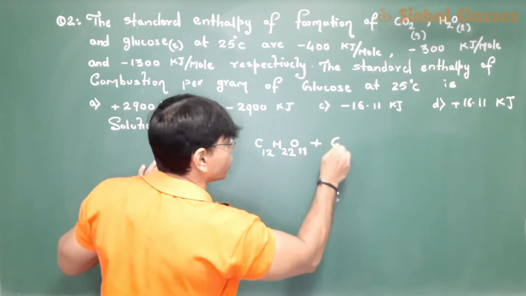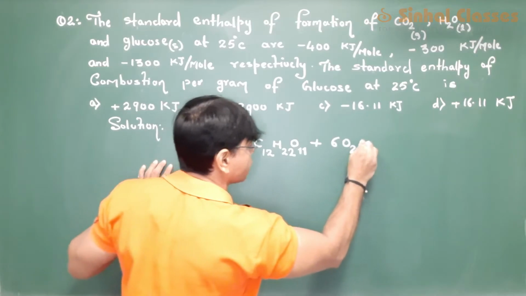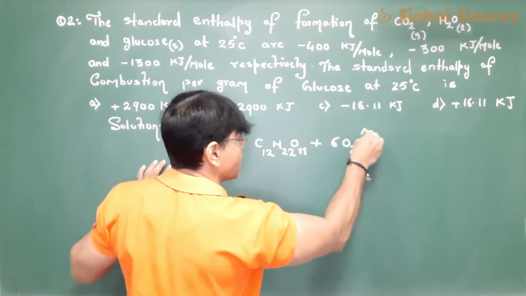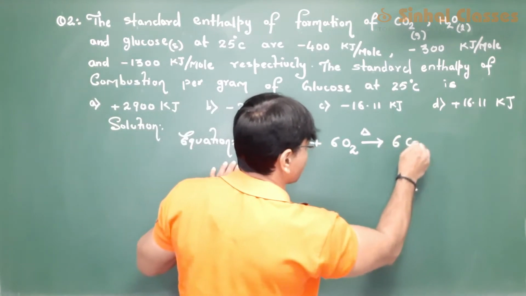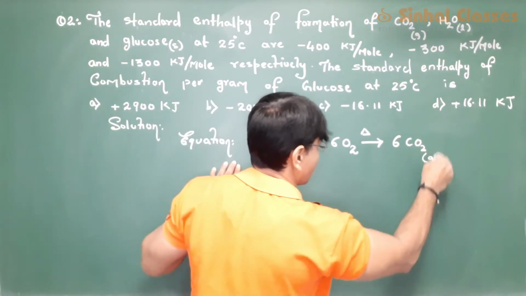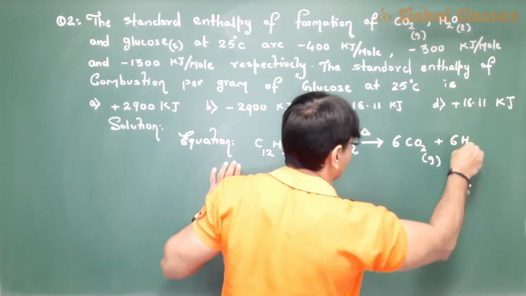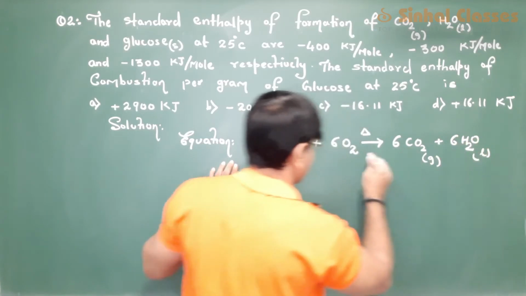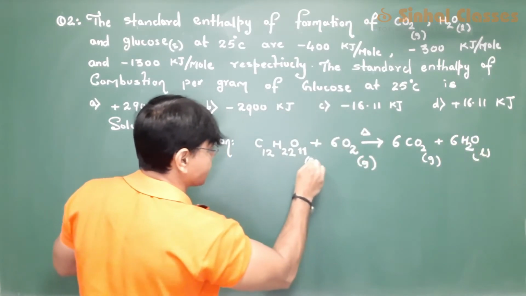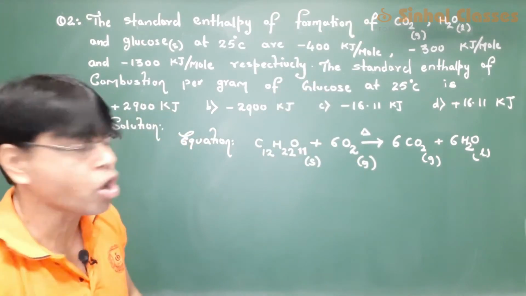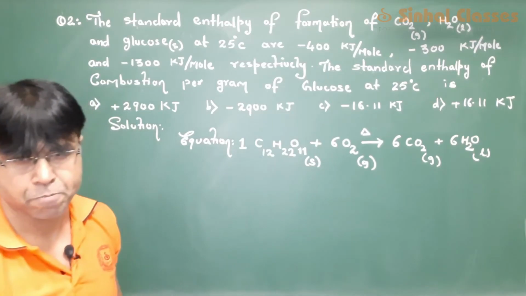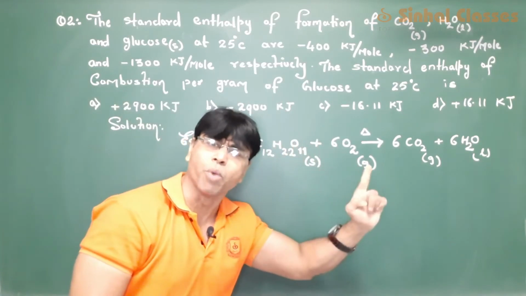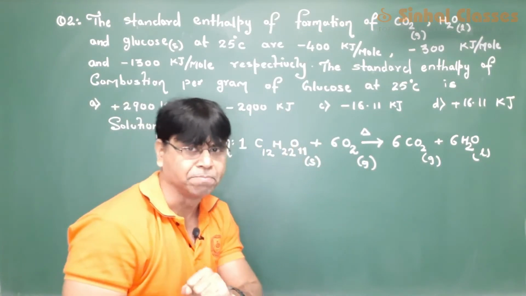Now when you say combustion, it is oxidation, that means heating in excess of air, giving you 6 CO2 gas and 6 H2O liquid. Now this is your equation for combustion of 1 mole of glucose. So let us first calculate for 1 mole and then we'll go with 1 gram.